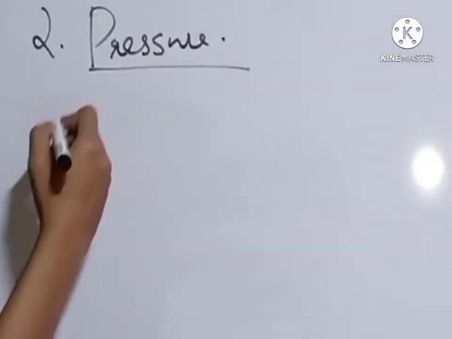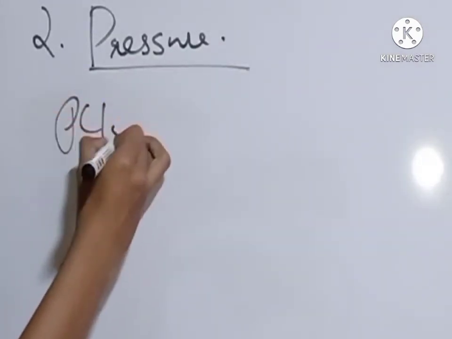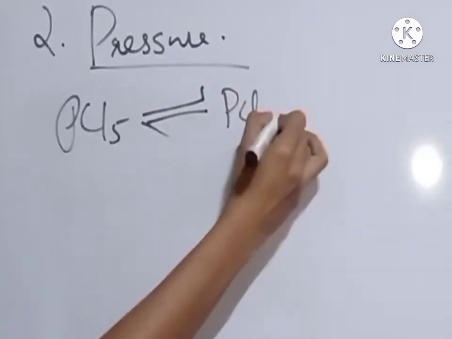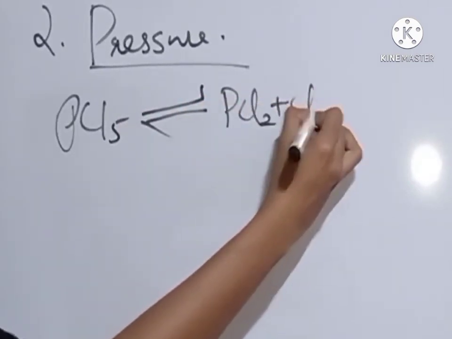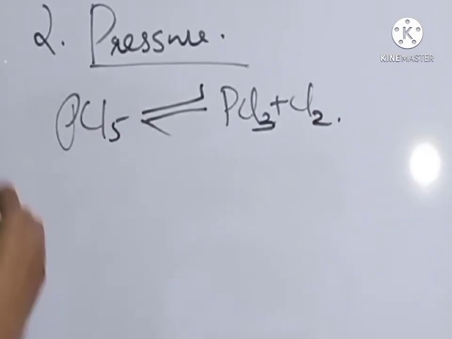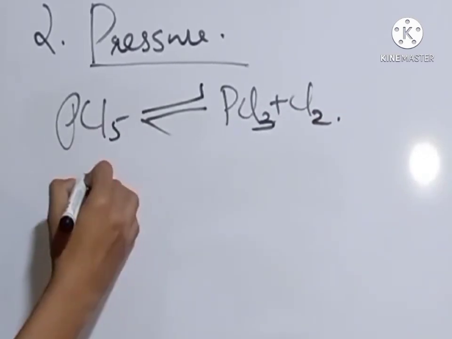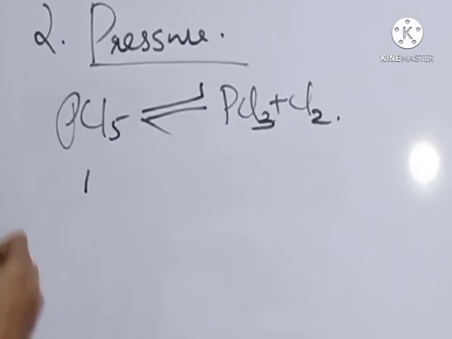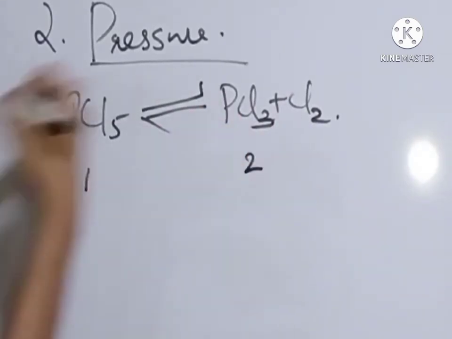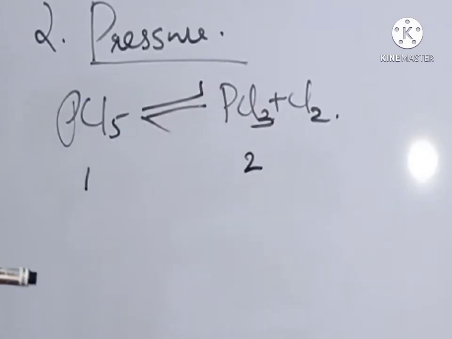On the other hand, in the decomposition of PCl5, PCl3 plus Cl2, the number of moles on the reactant side is 1 and on the product side is equal to 2, that is 1 plus 1.